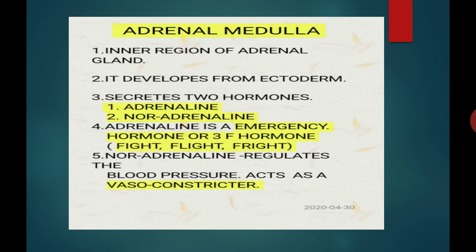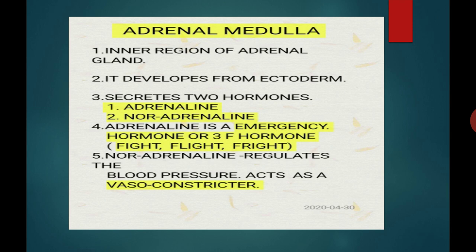Students, we have seen the disorders related to the adrenal cortex, that is Addison disease and Cushing disease. You can take a difference between them. Addison disease is caused due to hyposecretion of corticoid hormone, whereas Cushing disease is caused due to hypersecretion of corticoid hormone.